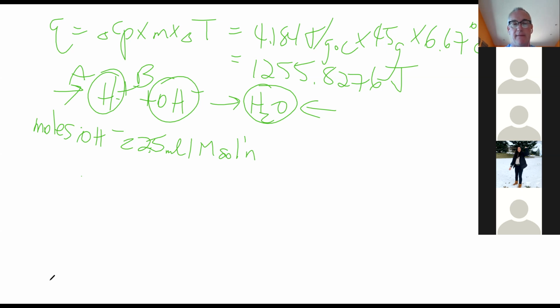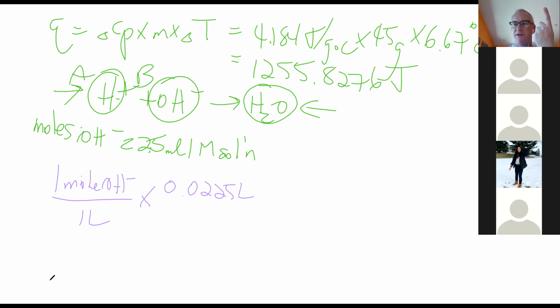How do I calculate that? 1 molar of the solution over 1 liter. 1 mole of hydroxide over 1 liter multiplied by what? Multiply by 0.0225 liters.